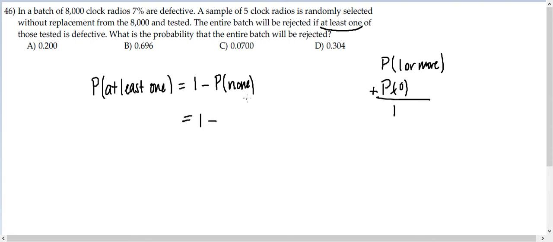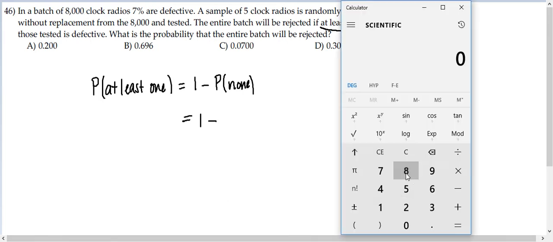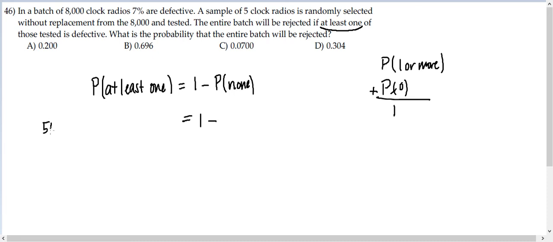Alright, so the probability of none being defective, we have 7% of these 8,000 clocks are defective. Let's go find out what that is. Alright, so 8,000 times 0.07 gives us that we have 560 defective clocks, and then that means that we have the rest of them, 7,440, are all not defective, no defects.